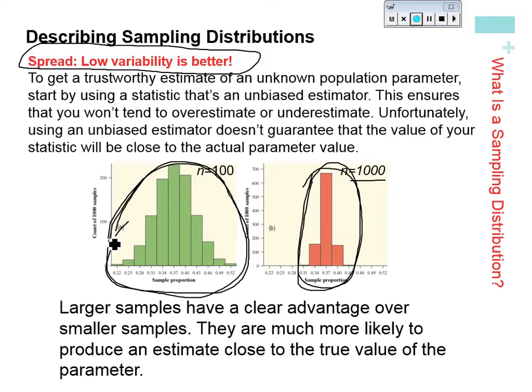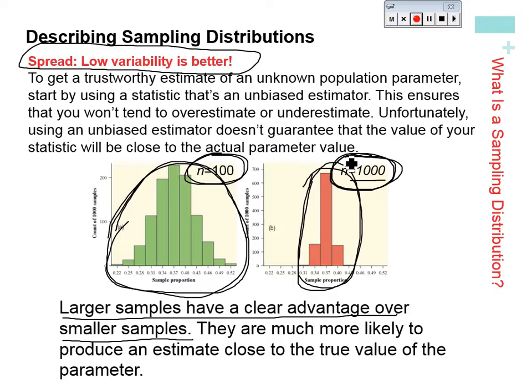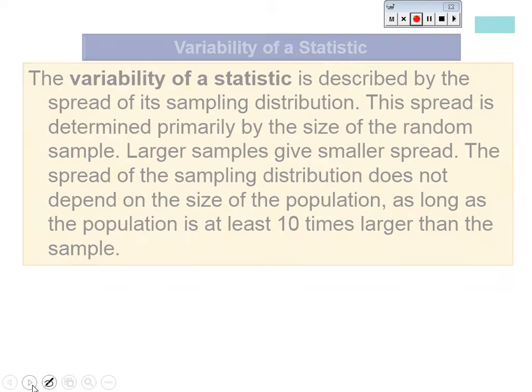Part of the reason for that is the sample size. Whenever you have a larger sample size, that gives a clear advantage over smaller samples, because larger sample sizes yield less variability. So whenever we can increase our sample size to get more accurate results, that's always better than a smaller sample size, as you can see in those two graphs.